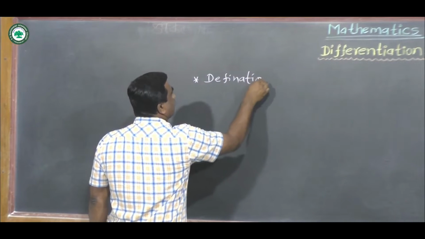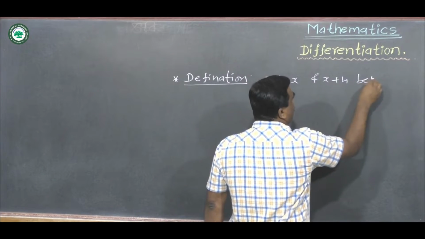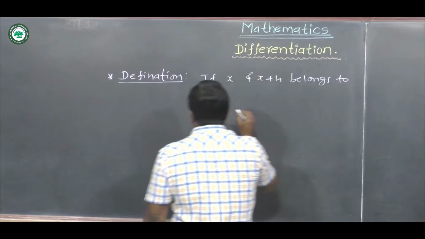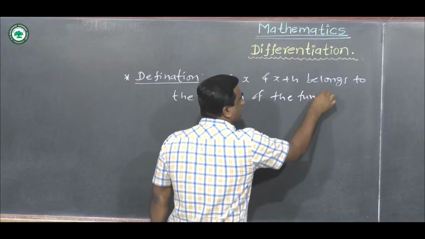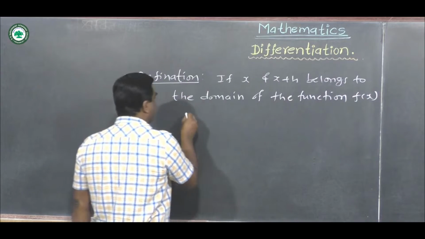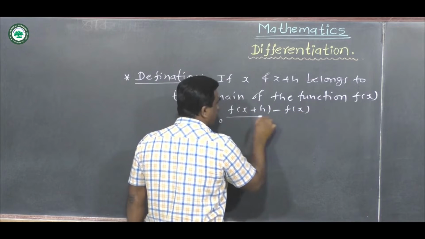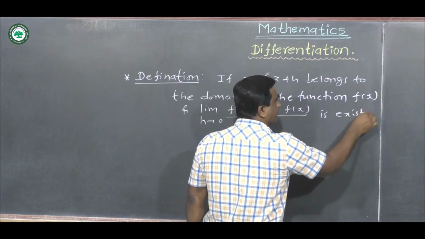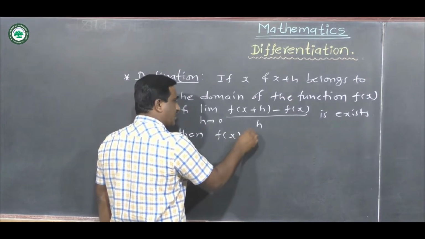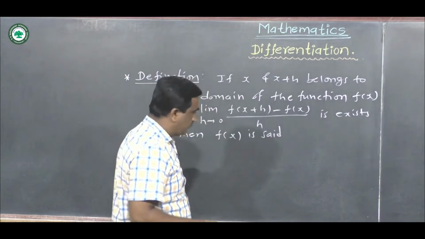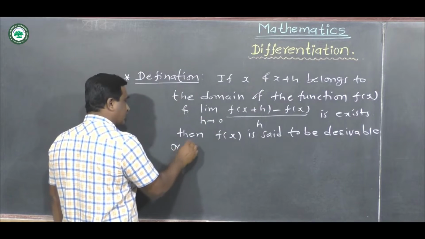Definition: if x and x plus h belong to the domain of the function f of x, and limit h tends to 0, f of x plus h minus f of x upon h exists, then function f of x is said to be derivable or differentiable function.